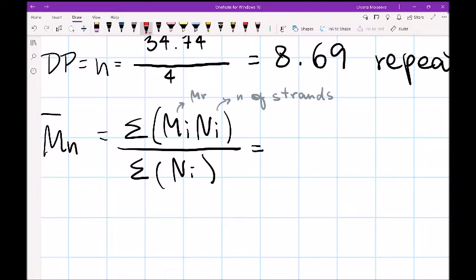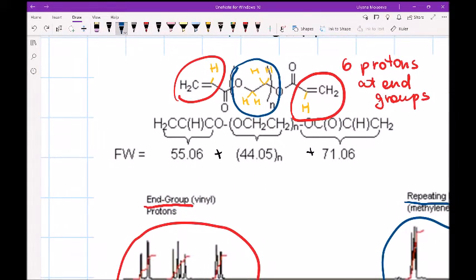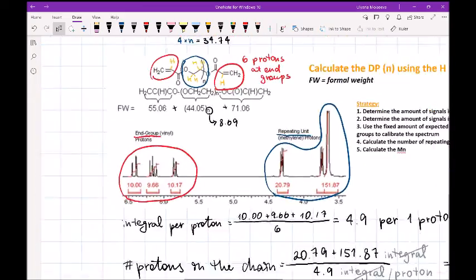Where do we find the information about mass then? This is very useful to know. It's right over here. So if we add them up, and don't forget to multiply by n, which we just calculated, which is 8.69, we can find the total mass.